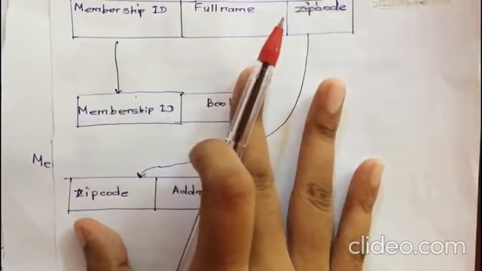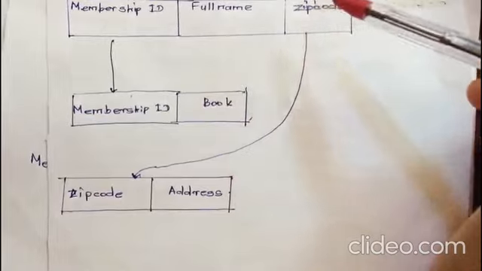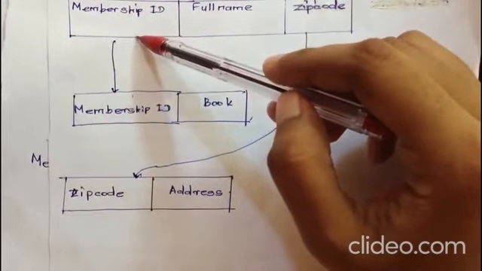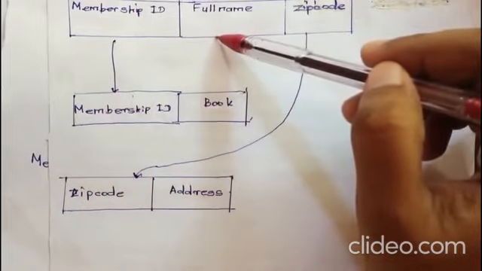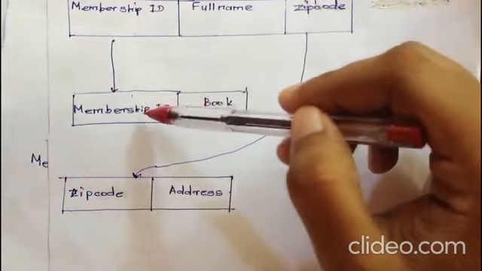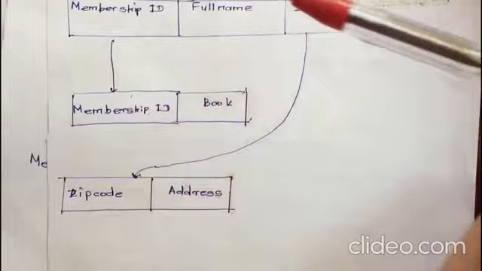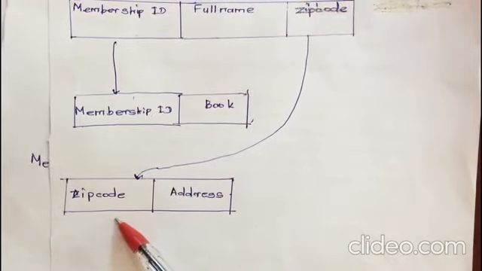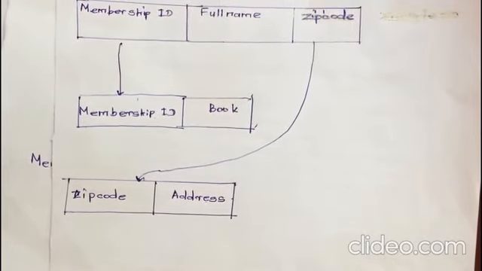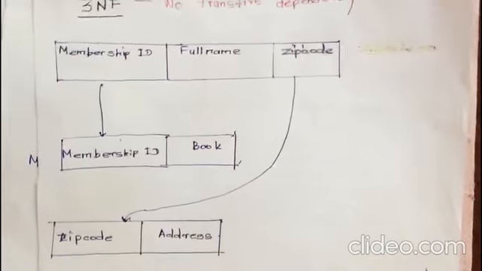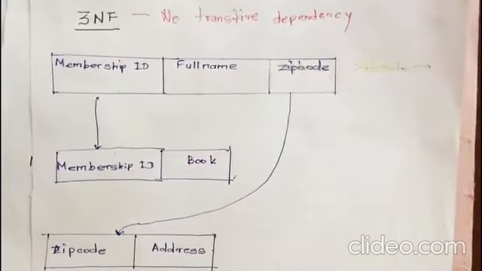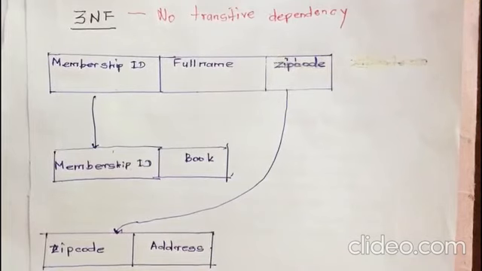After this division, the zip code depends on member ID, book depends on membership ID through the parent table, and address depends on zip code. There is no transitive dependency. So now the table is in the third normalized form. That's all about normalization.